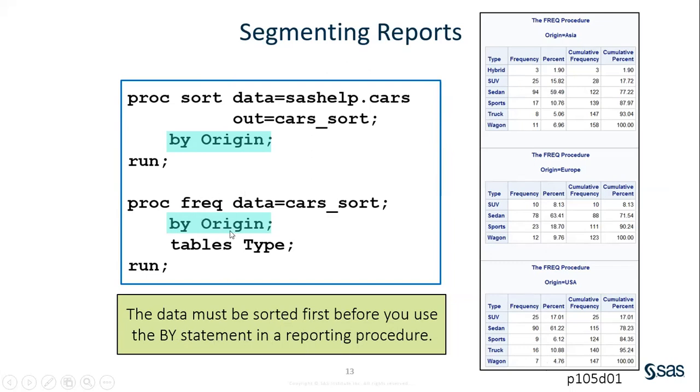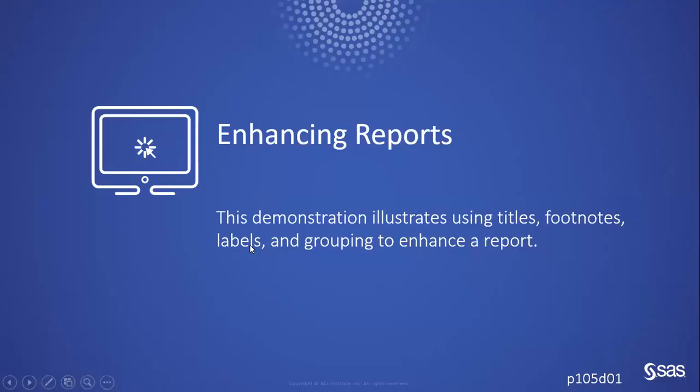Whether you write the BY statement in PROC PRINT, PROC MEANS or others, to generate the report in groups you need to see to it that the data is previously sorted by that particular column. Do not disturb the original table when you are sorting. You create a new table which is sorted, and you use that sorted table in your procedure. That's it. So try this demo, P105D01. It's demo 01 for lesson 5.